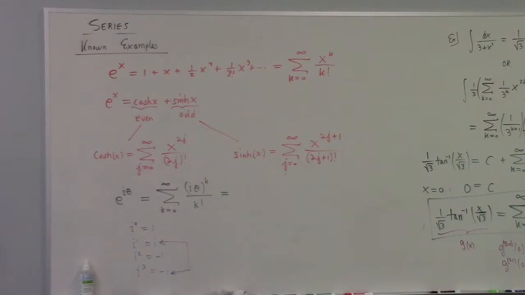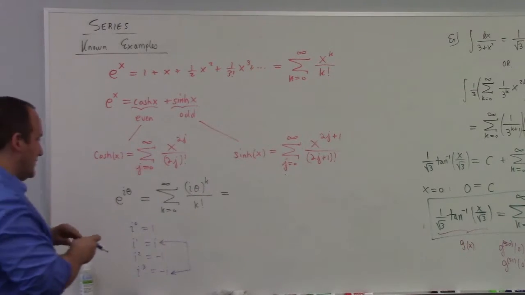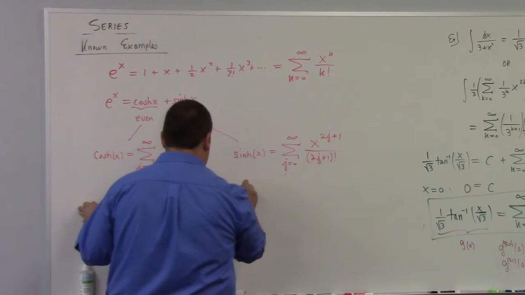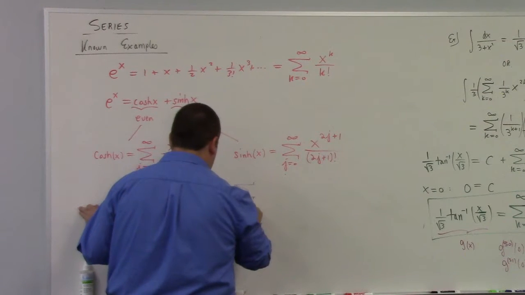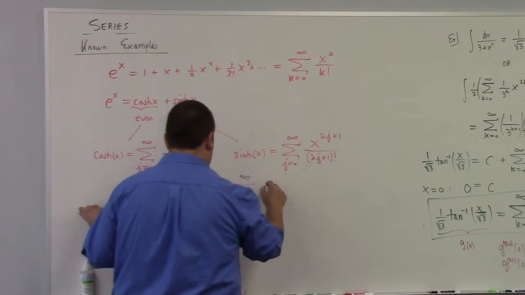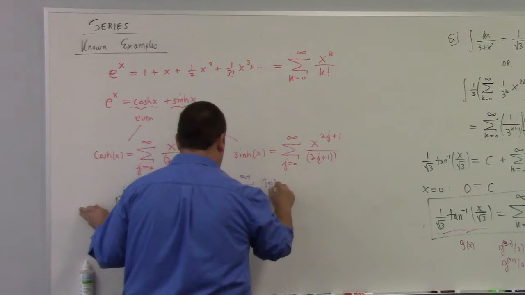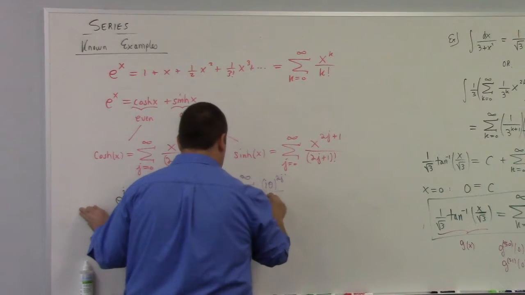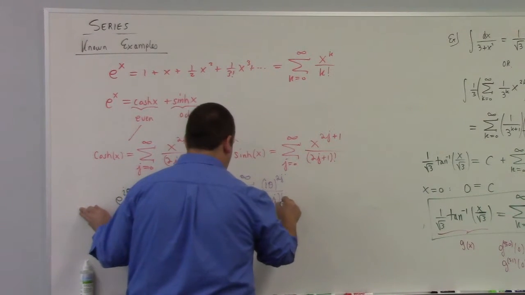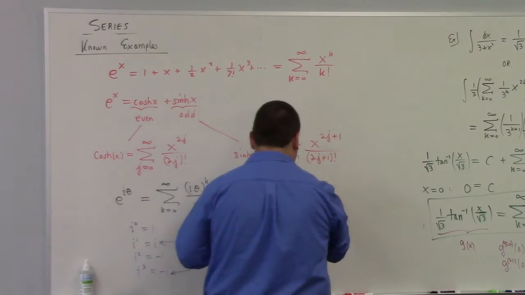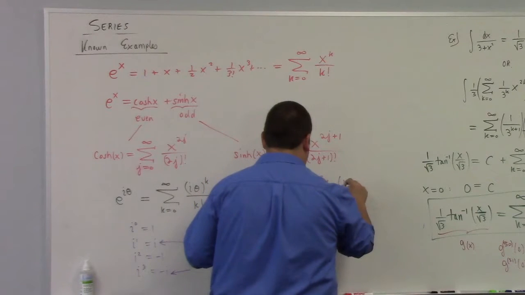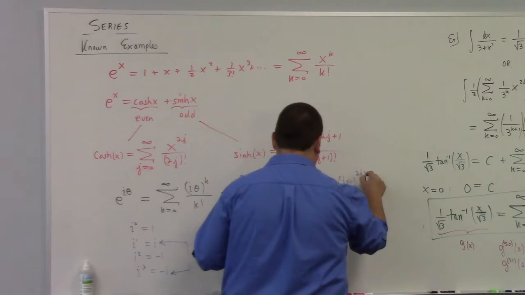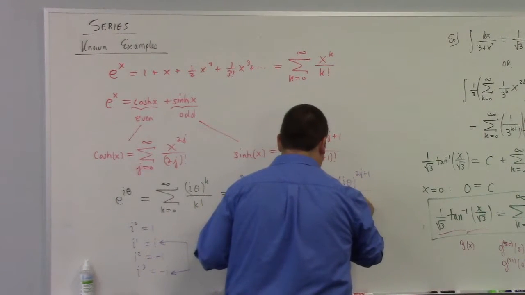But you can see that I can split off the even powers, right? So I've got the sum, let's use a j, j equals 0 to infinity of i theta to the 2j over 2j factorial plus the sum j equals 0 to infinity of i theta to the 2j plus 1 over 2j plus 1 factorial.